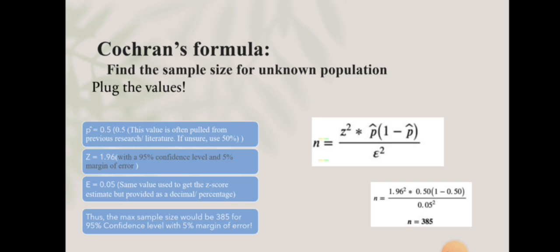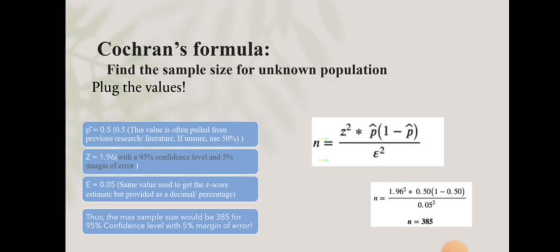We plug these values into the Cochrane formula as shown on the right side: Z square 1.96 square times p 0.5 times 1 minus 0.5 over 0.05 square. It gives an n value of 385.